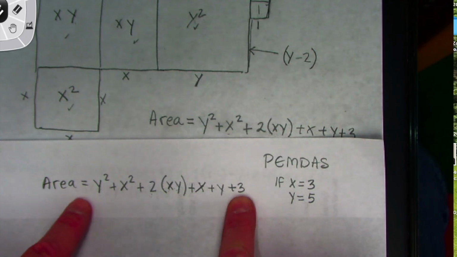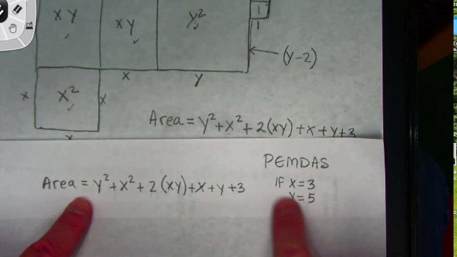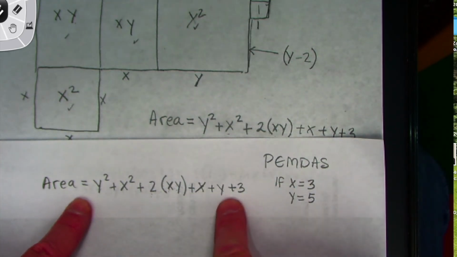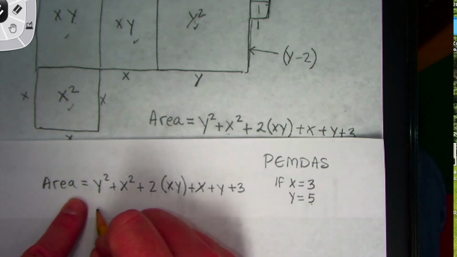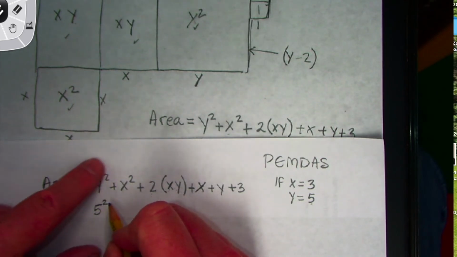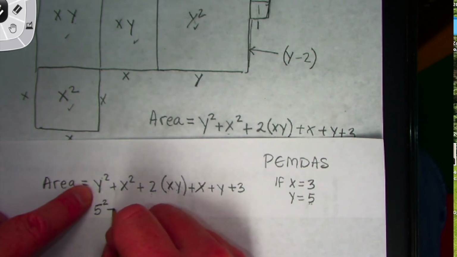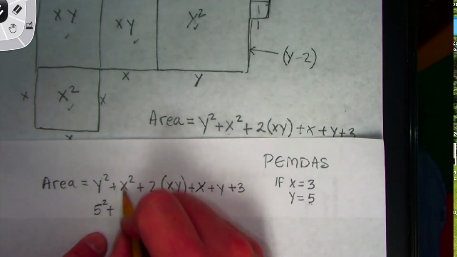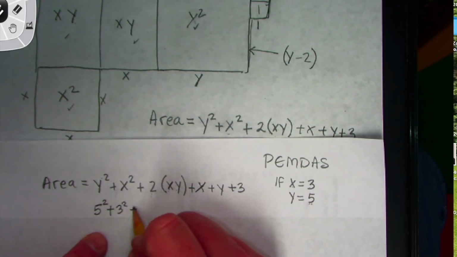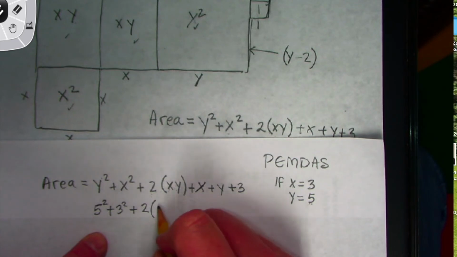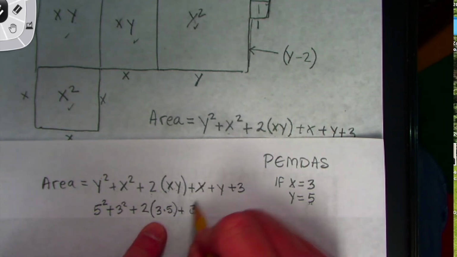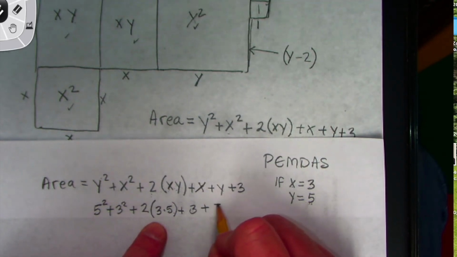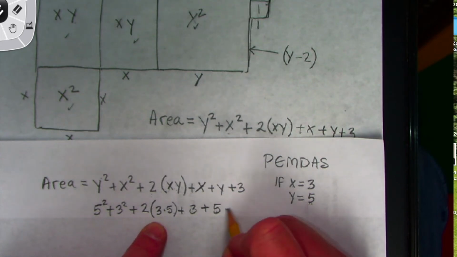So what you need to do now is rewrite this expression with these numbers included. So that would be 5 squared, because y is 5, plus x is 3, 3 squared, plus 2 times 3 times 5, plus 3, plus 5, plus 3.